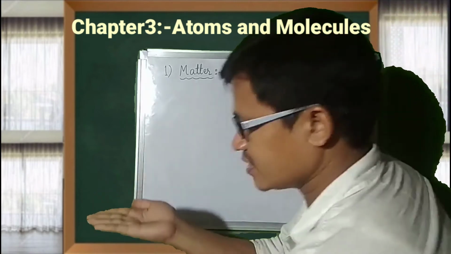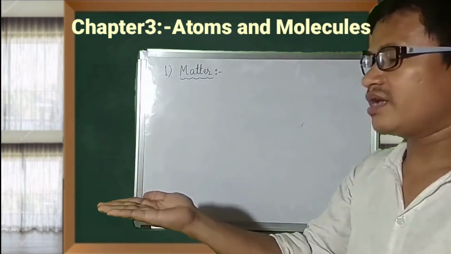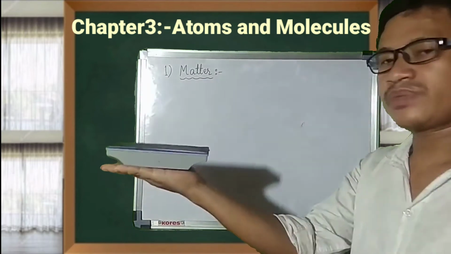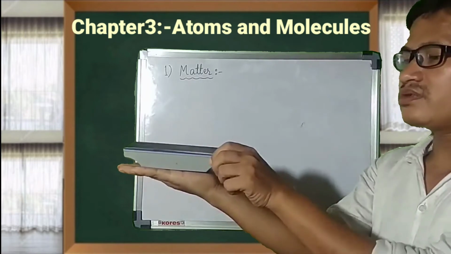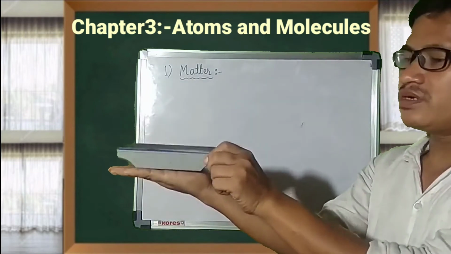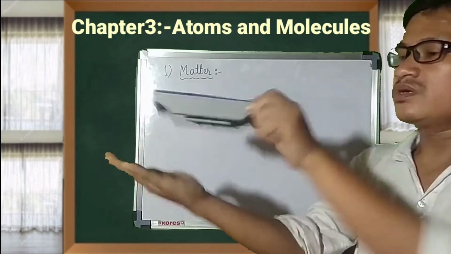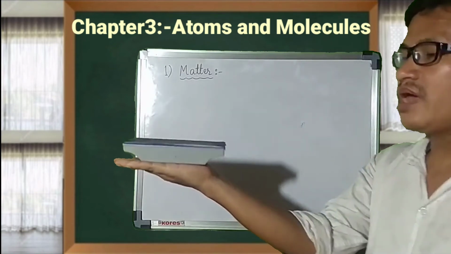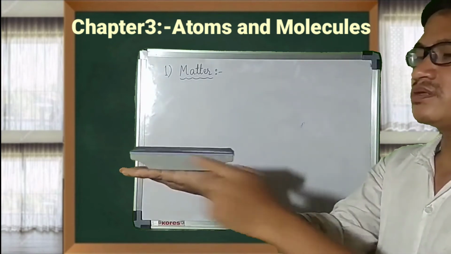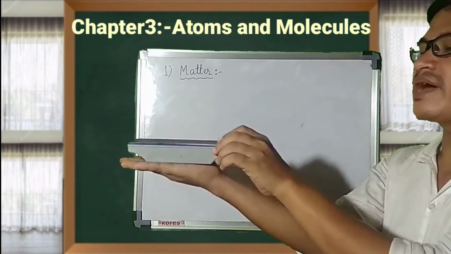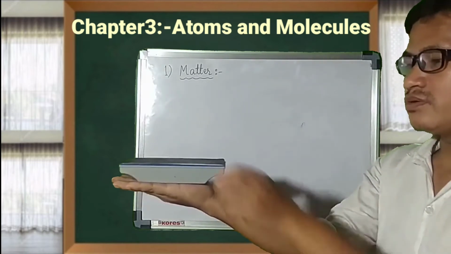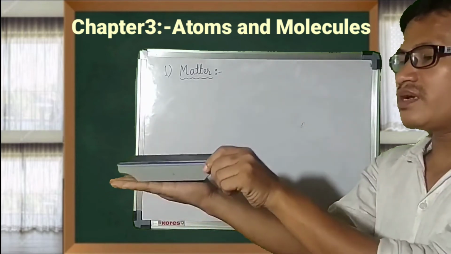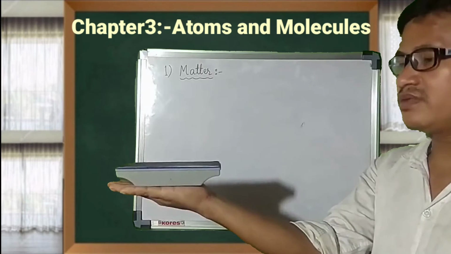And if I bring a duster and keep it upon my palm, this portion will get fixed on my palm, and the rest part of the duster will occupy space. So what is a duster? A duster is a matter.